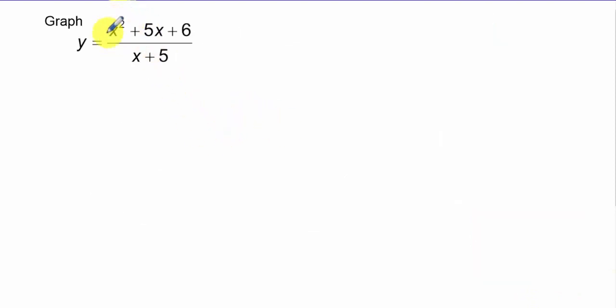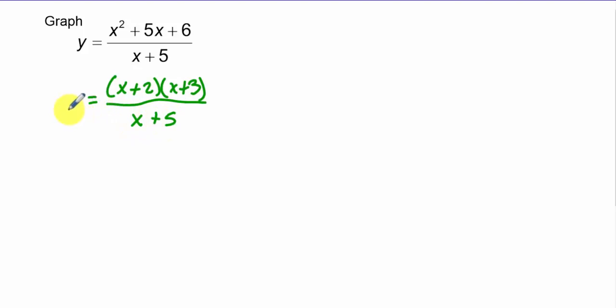So again, we have a situation where the degree of the numerator is one more than the degree of the denominator, so it looks like we're going to have a slant asymptote. However, if we take a look at this, we'll see that this can be factored. I don't know if that will change anything. Doesn't appear so. It just makes it easier to find our x-intercepts, so let's do that first.